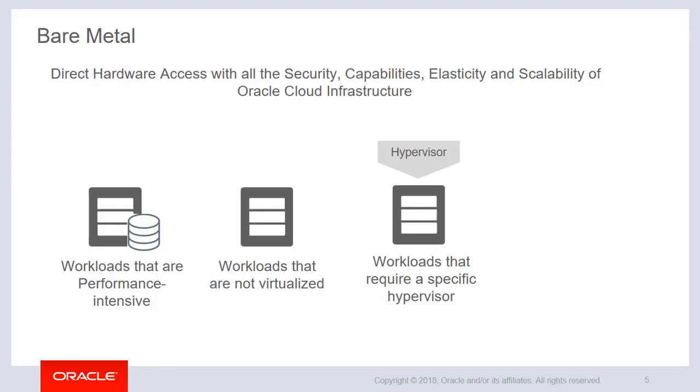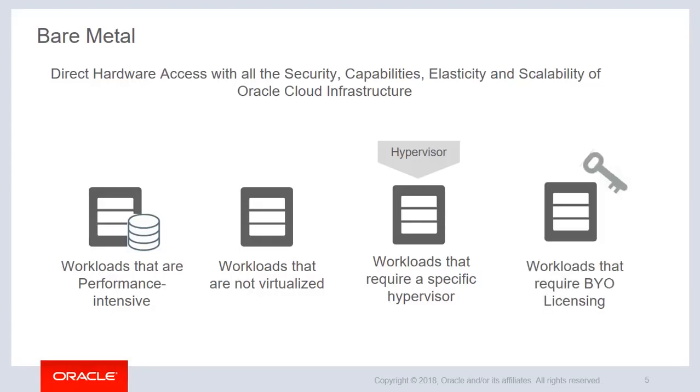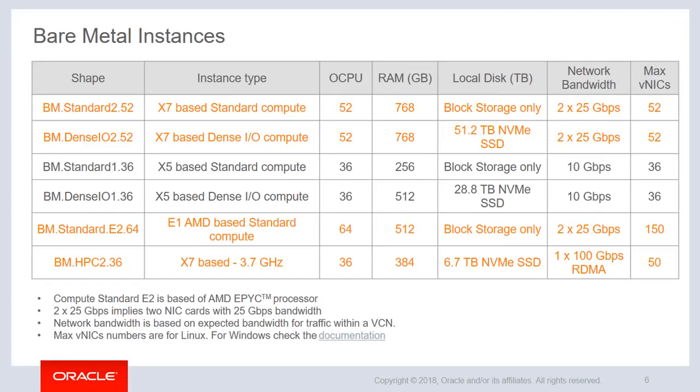So you can run anything here, bring in KVM, bring in Xen, bring in your hypervisor of choice, right? You could run those on the bare metal instance. And finally, if you have workloads that require specific bring your own licensing, so whether it's SharePoint or Windows Server or some other software, you could use them on the bare metal instance.